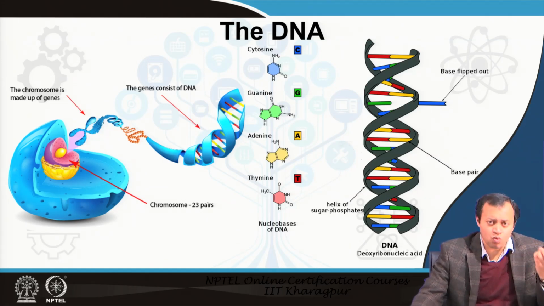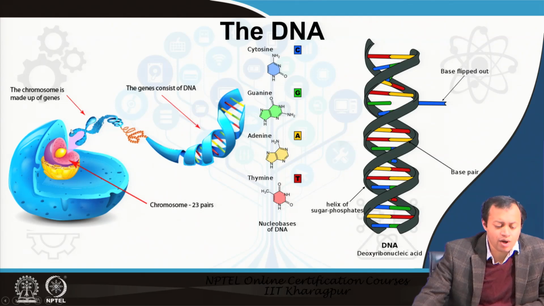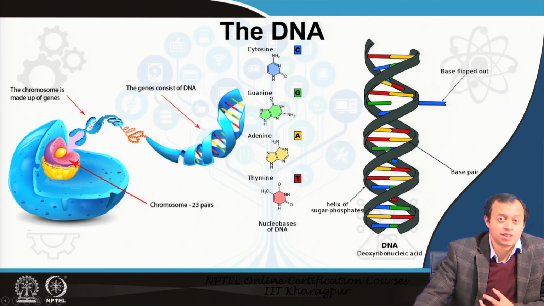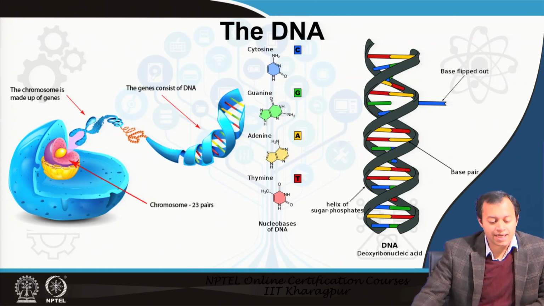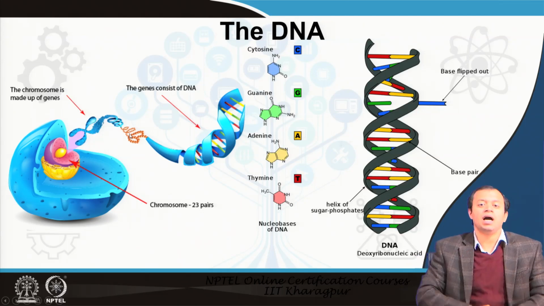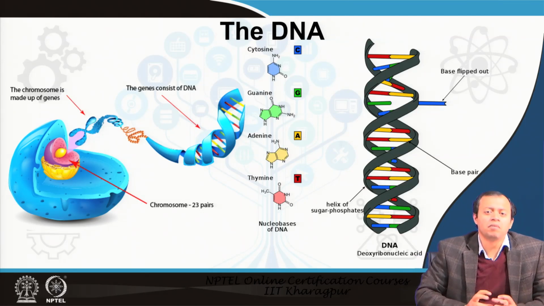When DNA wants to replicate, it coils itself into chromosomes. Human beings have 23 pairs of chromosomes, and chromosomes contain DNA packed very tightly around a particular protein.